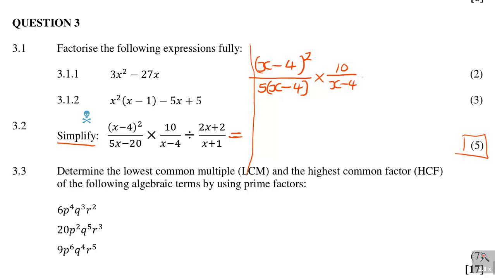And then I need to convert the division sign to a multiplication sign. And when I do that, the one at the bottom will go to the top. Remember how you convert: this part here will go to the top, and this part here will go to the bottom.